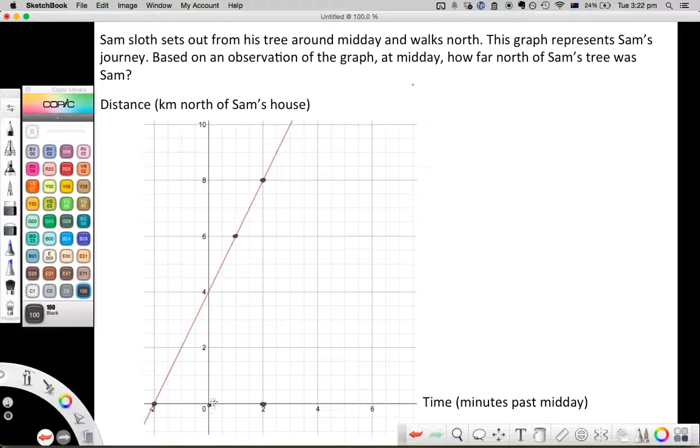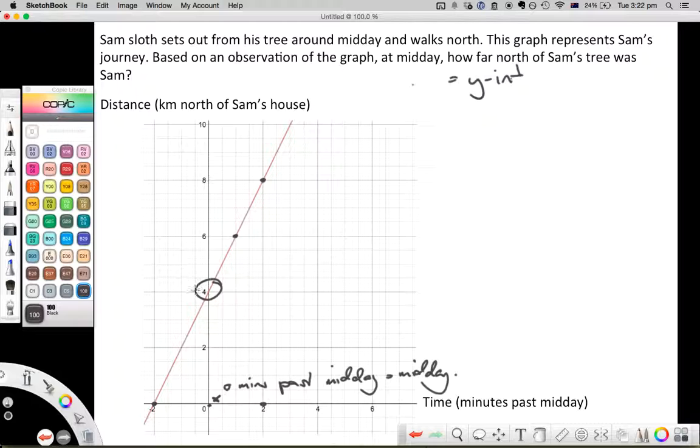So this represents 0 mins past midday, which just equals midday. So what this question is really asking for is what is the y-intercept of this graph?